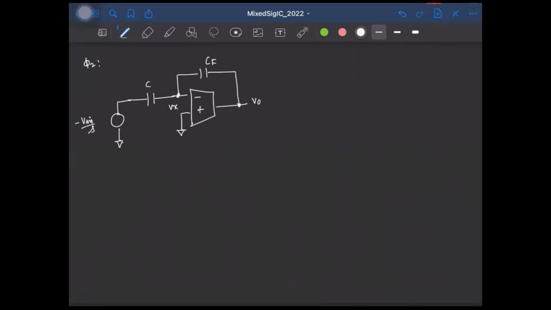So we can write KCL at this node and this node. So KCL at the virtual ground gives Vx of s plus Vin by s times sC plus Vx of s minus V0 of s times sCF equal to 0. Similarly, KCL at this node, what does it give?